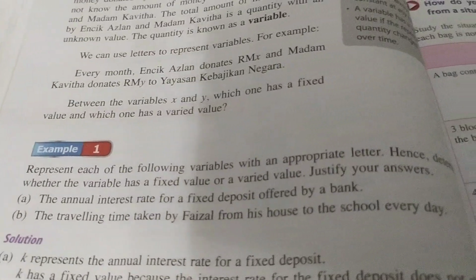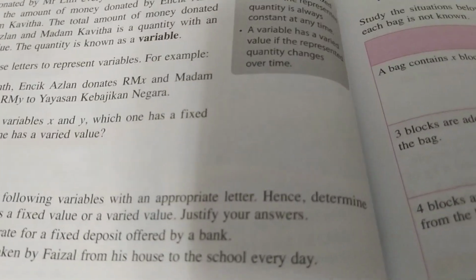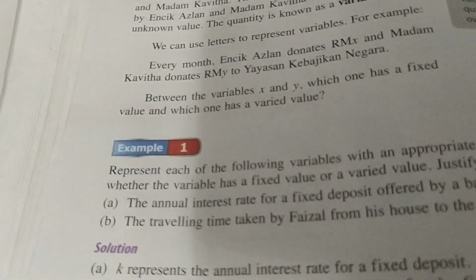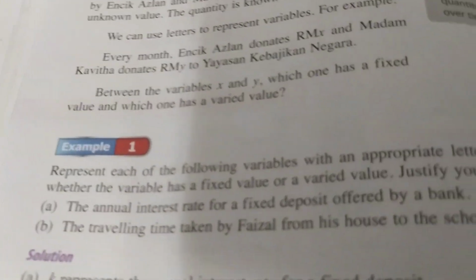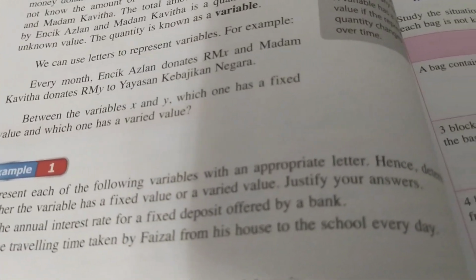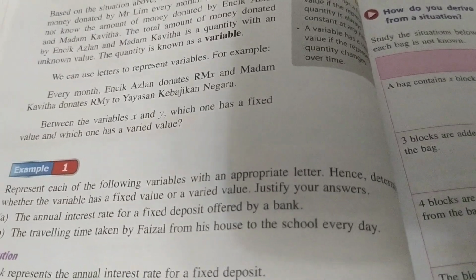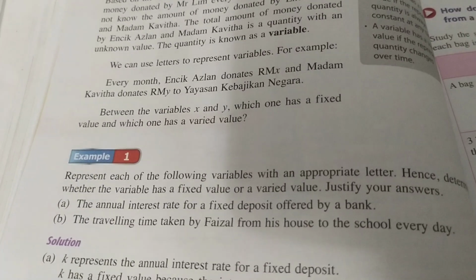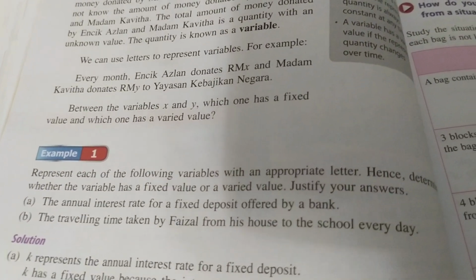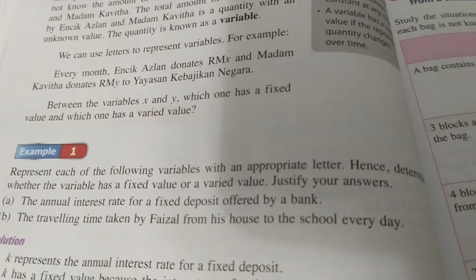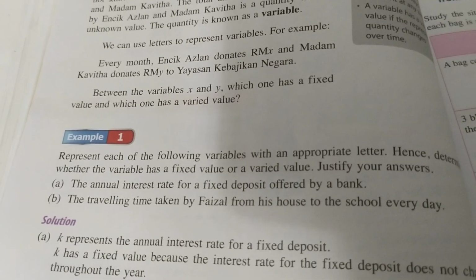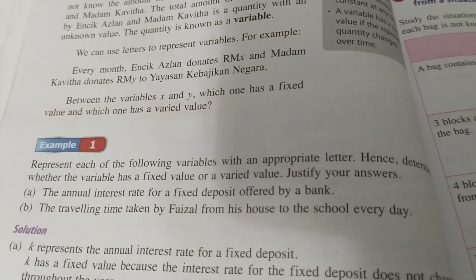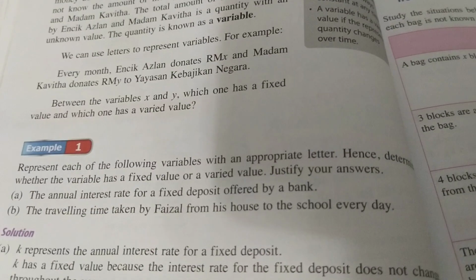Represent each of the following variables with an appropriate letter. Hence, determine whether the variable has a fixed value or a varying value. Justify your answer. First, the annual interest rate for a fixed deposit offered by a bank. And B, the travelling time taken by Faisal from his house to the school every day.